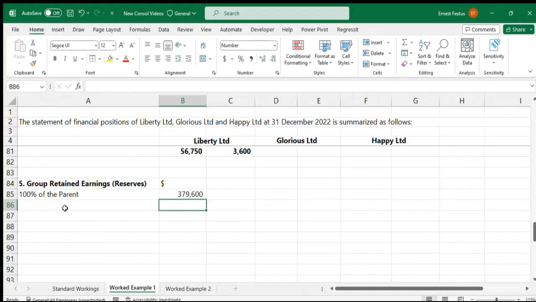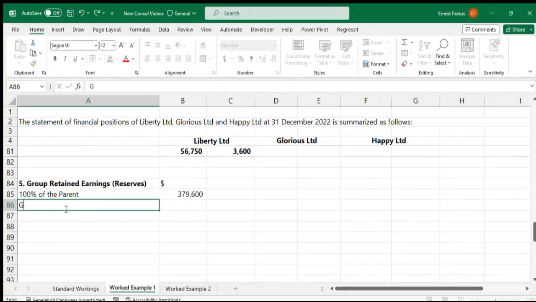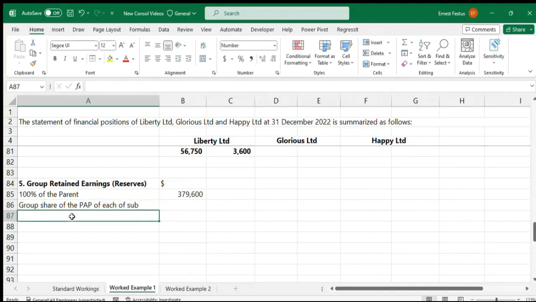And then we would have the group share of the post acquisition profits of each subsidiary. So we have for Glorious Limited, and then we also have for Happy Limited.